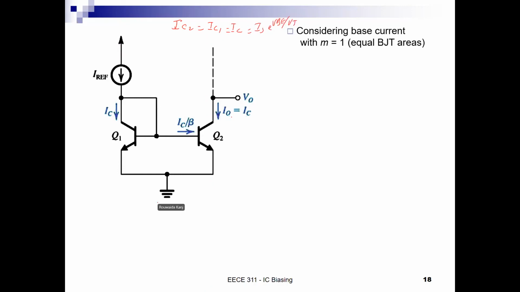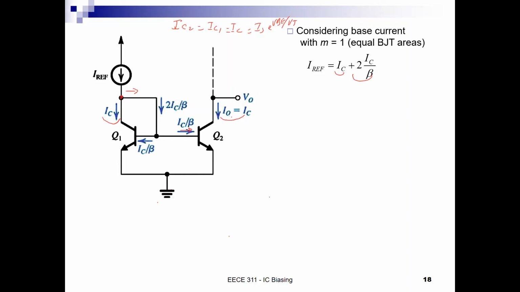So I have IC flowing here and I have IC flowing here. The base current here is IC over beta. The base current here is IC over beta, and the current flowing here is 2IC over beta. Okay, so this means that IREF is equal to IC plus 2IC over beta.